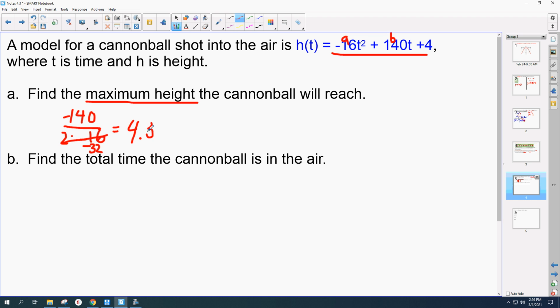Now remember what we just found was the x part of the vertex. How do we find the y part? Well, we need to plug that number in. Plug that number in right here for t.